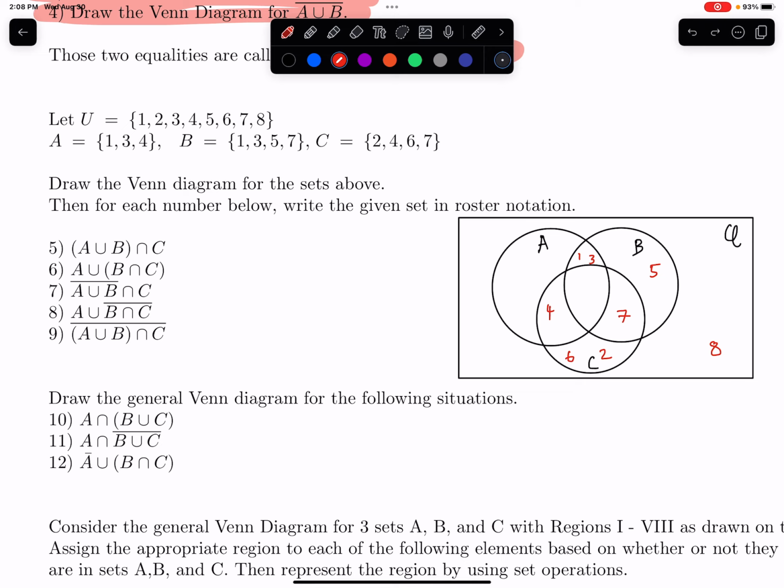Okay, so now that I've drawn the Venn diagram for the sets, I'm just going to do one question, number 5, looking at my picture, and then for the rest of the questions I'm going to do it the set algebra way. I would like you guys to know how to do it both ways, but especially the set algebra way.